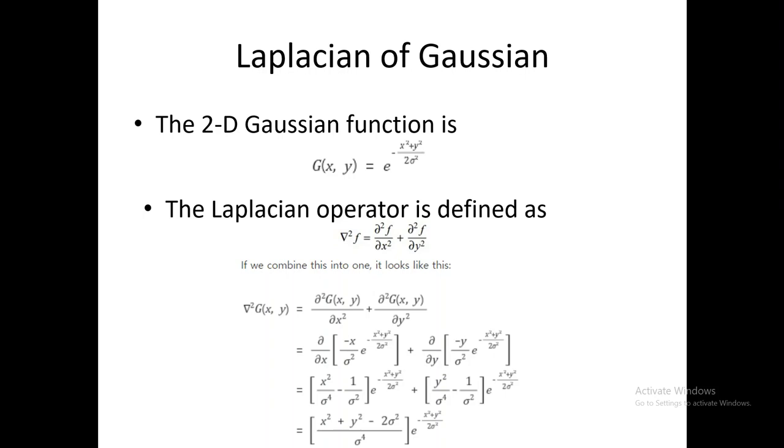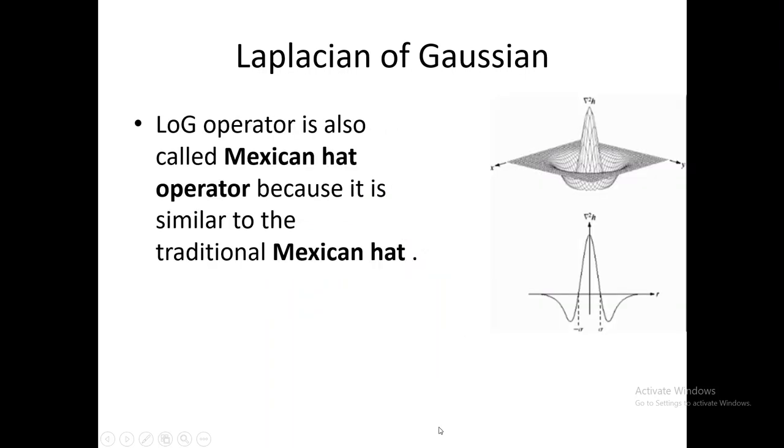and here we have the Laplacian operator, which is a second order differential equation. If we combine these two, the Gaussian and the Laplacian operator, we get this expression, and when we plot this, we get a Mexican hat operator, and it looks like this.